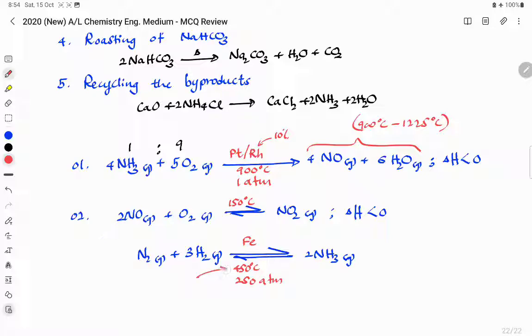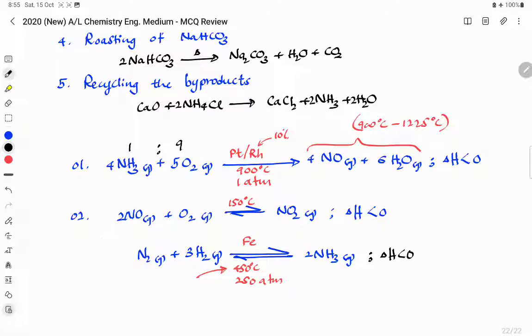Now this is really a high temperature. This is an exothermic reaction. Therefore, low temperatures are favored by this reaction, but we cannot decrease the temperature as the rate of the reaction gets decreased. Therefore, the efficiency will decrease. So it will take a lot of time to give a small amount of products.